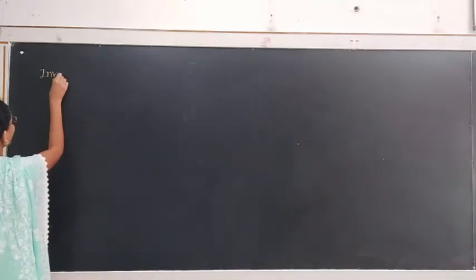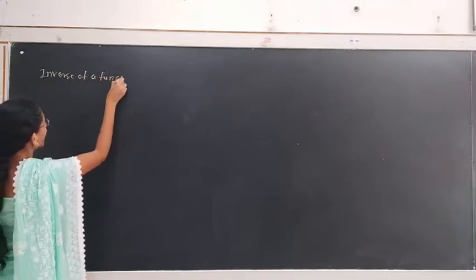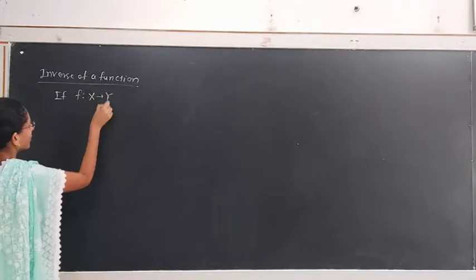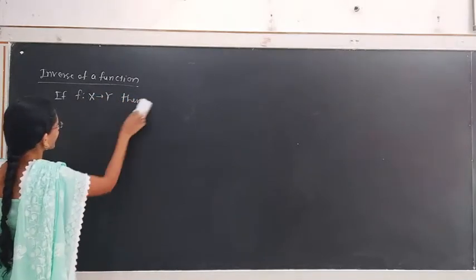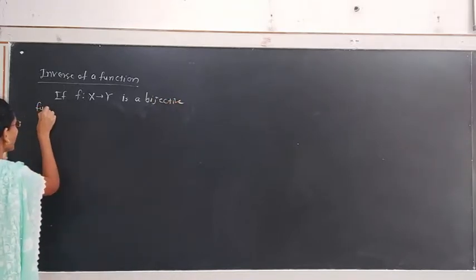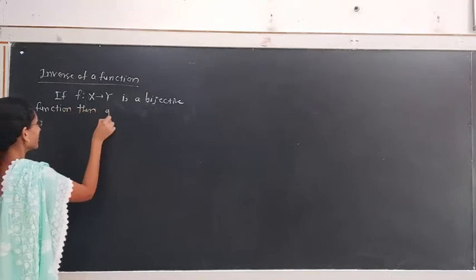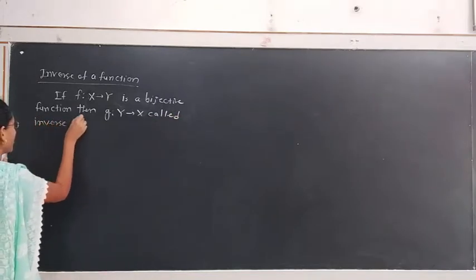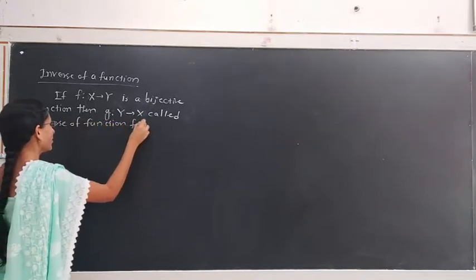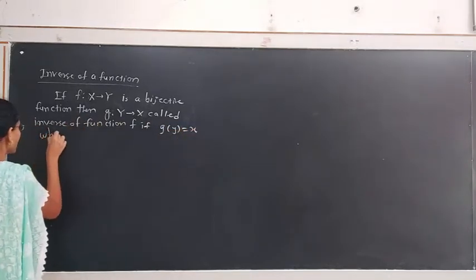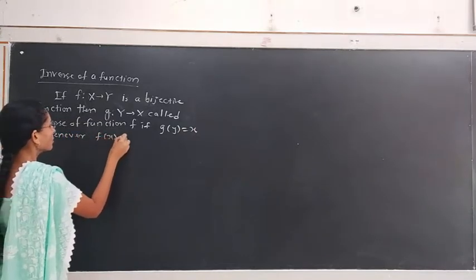The definition was: if f is a function from X to Y is a bijective function, then a function g from Y to X is called the inverse of function f if g of y is equal to x whenever f of x is equal to y.